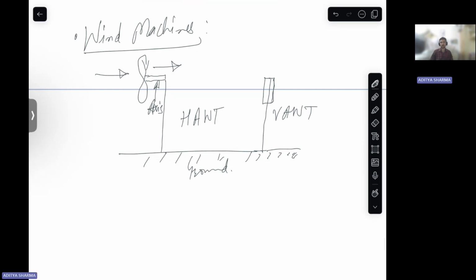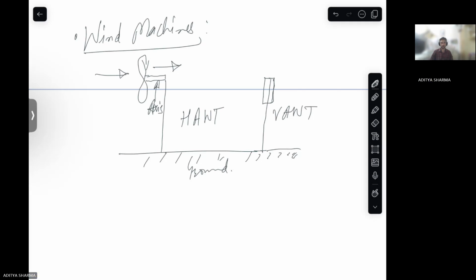VAWT is not suited for heavy winds, okay, and the efficiency of HAWT is higher than VAWT. Also, one drawback of HAWT is that though it is efficient, it is more noisy. So all this has been discussed under this topic.